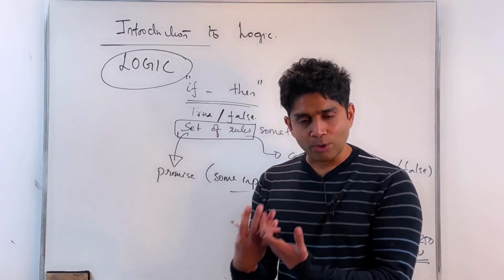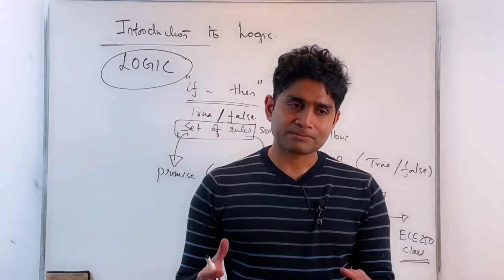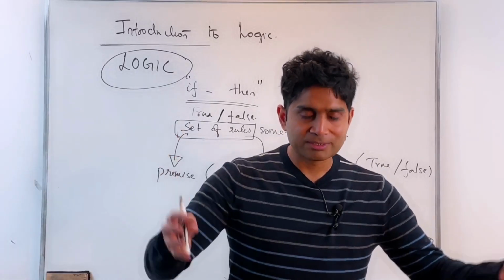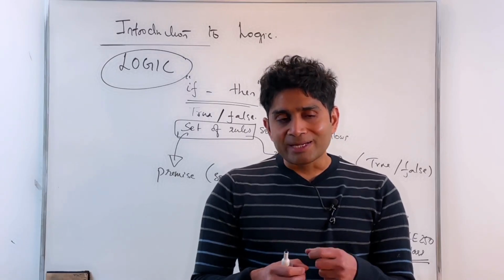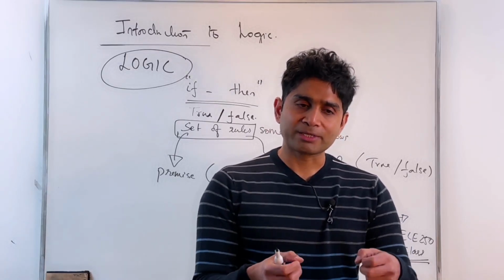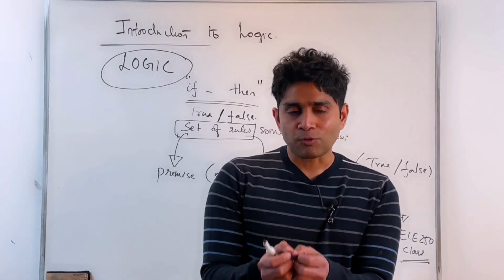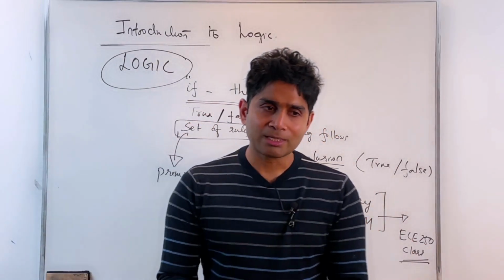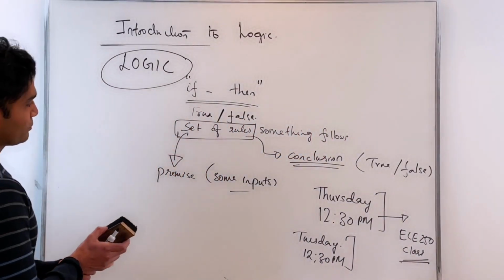About this Lego analogy. You have the Lego pieces, and you use these Lego pieces to build more complex structures. And we need to formulate some rules by which you can put the Lego pieces together in the most efficient manner to form the most efficient structure. So this course is all about what those rules are. Okay. All right. So that's good.